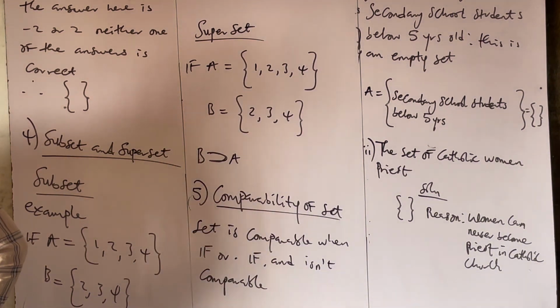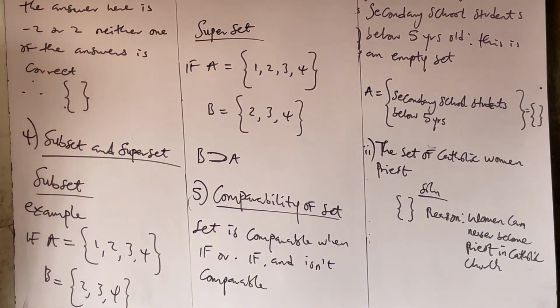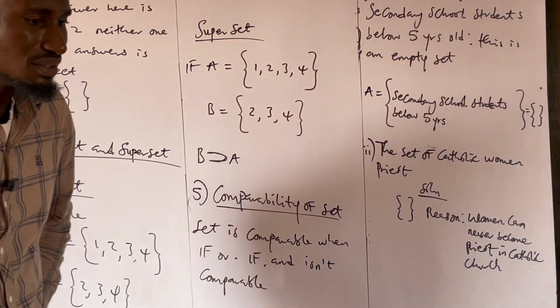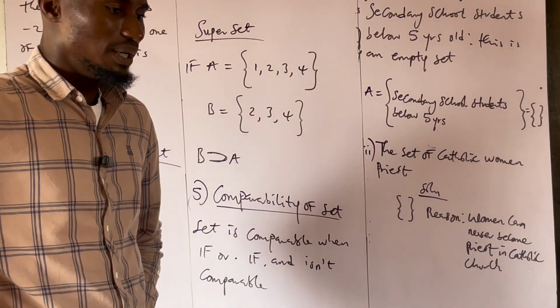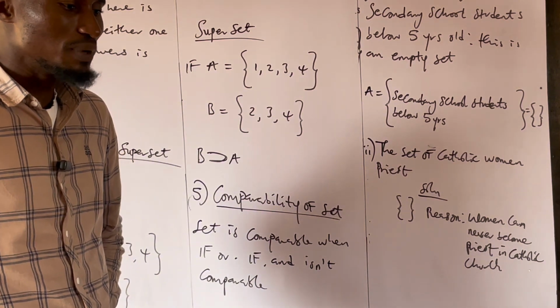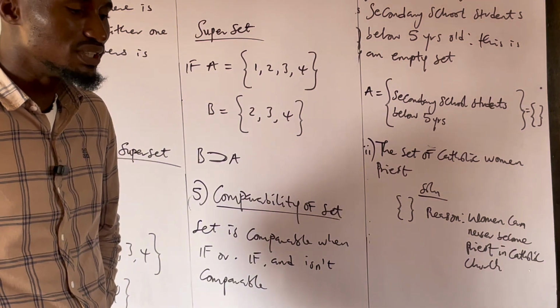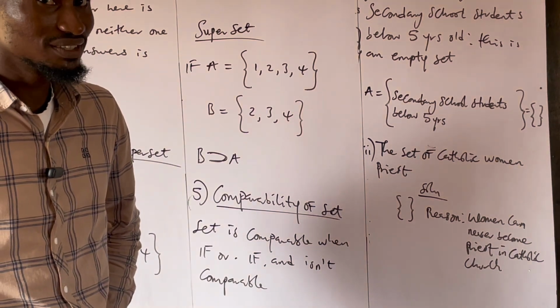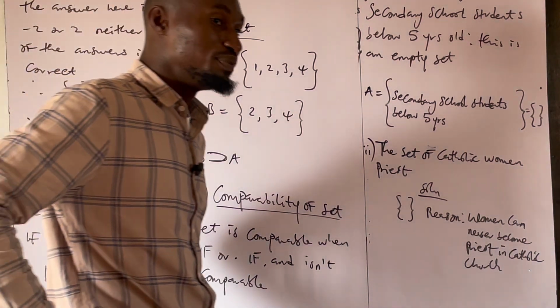For instance, a bag of beans is compared with Potasco, which is a type of beans, right?